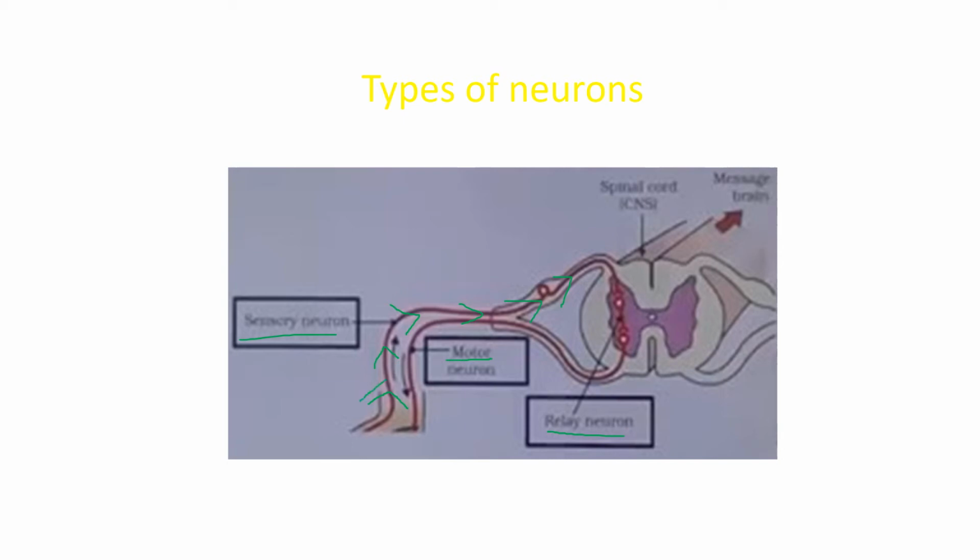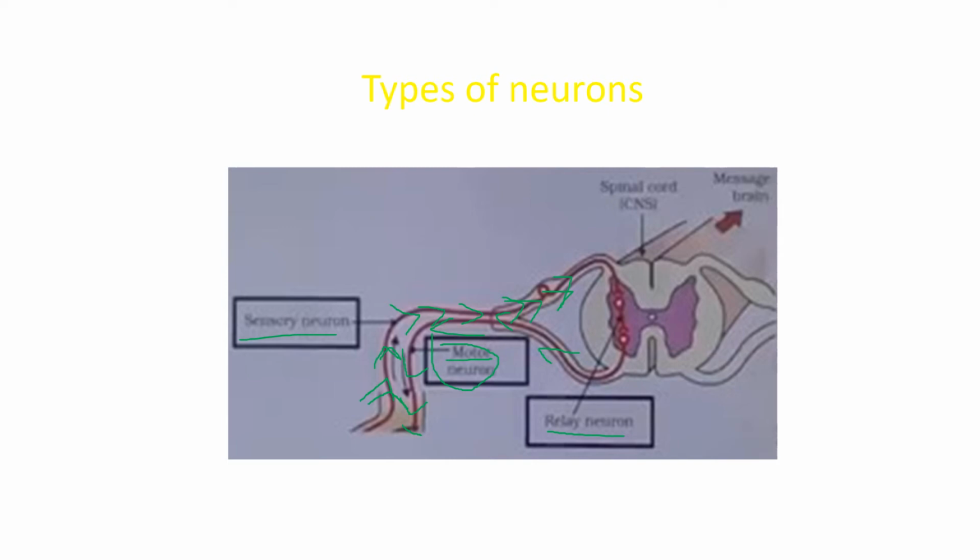The neuron which sends the sensory information from the body part to the brain is called a sensory neuron. And a neuron which sends the information from the brain to the body part is called a motor neuron. And see, what is a relay neuron?